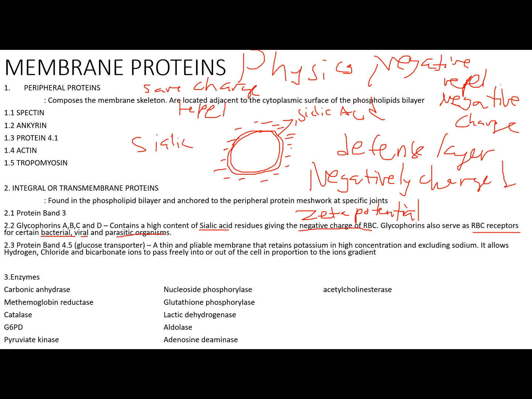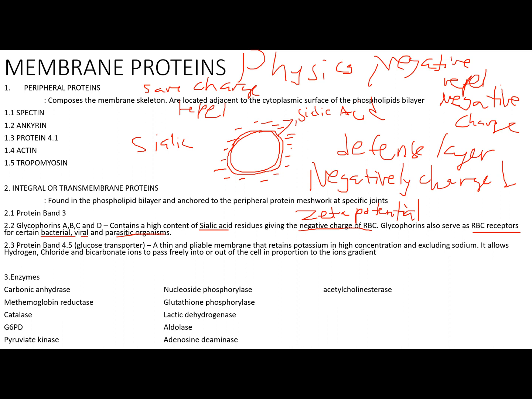This negative charge is known as your zeta potential, and it allows your RBCs to repel other negatively charged cells. It acts as a type of defense layer. Now, glycophorins, please take note of this, would also serve as RBC receptor for certain bacterial, viral, and parasitic organisms.